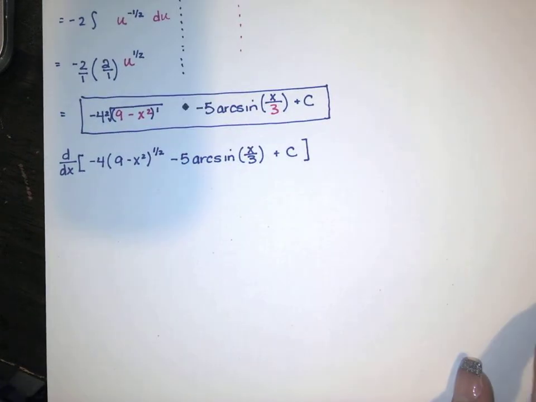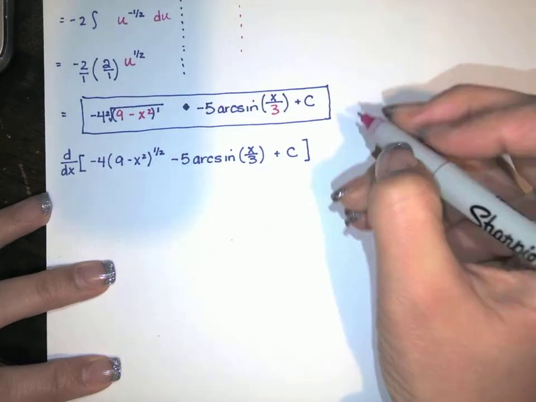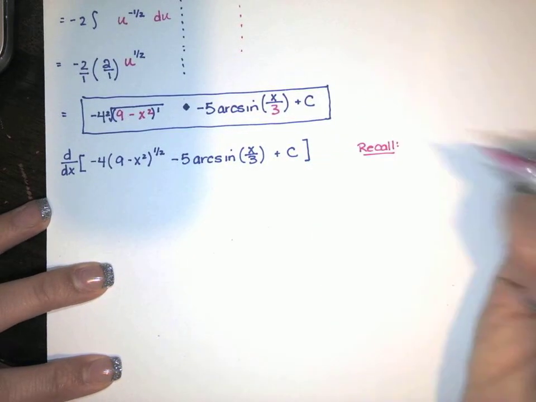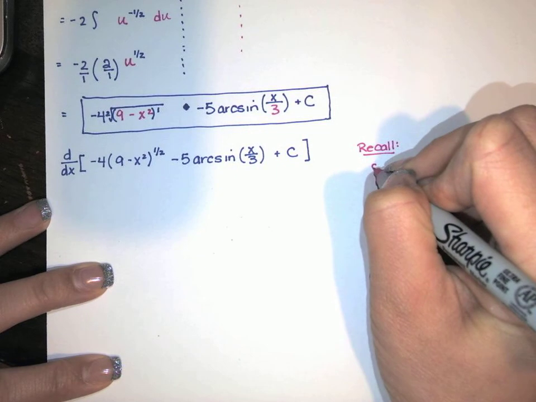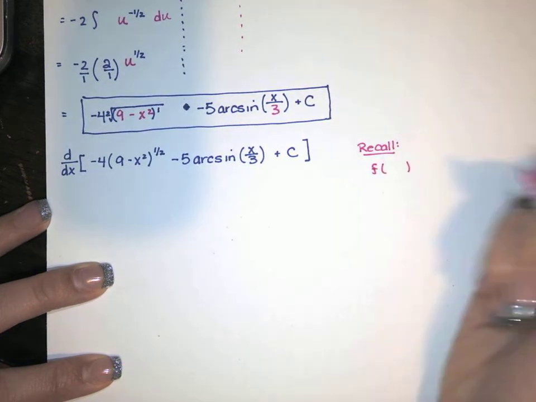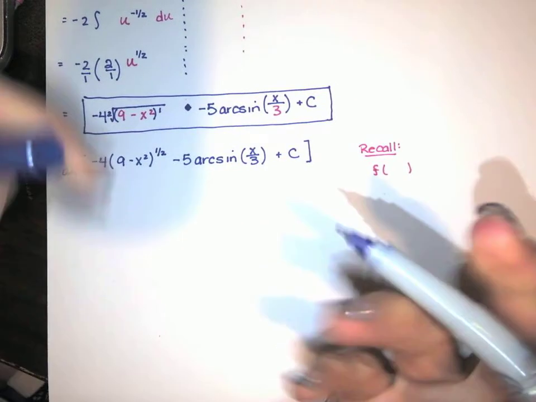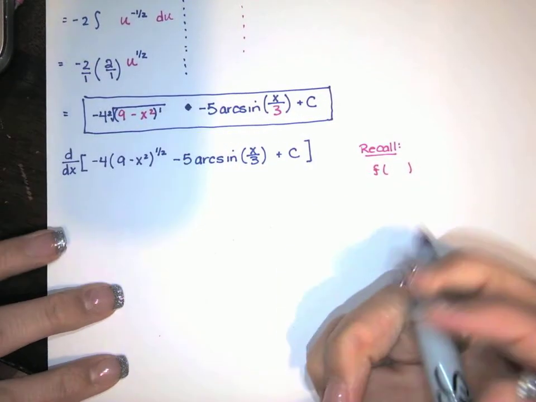Now, I might also need to remember a couple of rules from Calc 1. Don't forget the chain rule. If you're taking the derivative of f of g of x, I'm going to use 2 colors because it makes it a little bit easier to see.